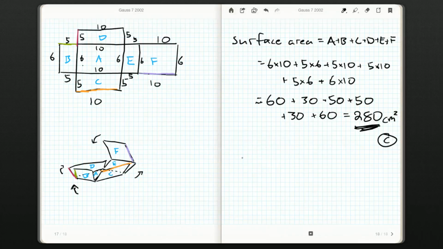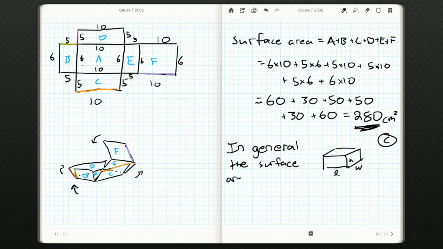All right. Now, in general, and this is just if you're curious as to how we could do this with a formula, if we have a rectangular prism and we have length, width, and height, so in general, the surface area of a rectangular prism is 2 times, and then we do each of the pairs.